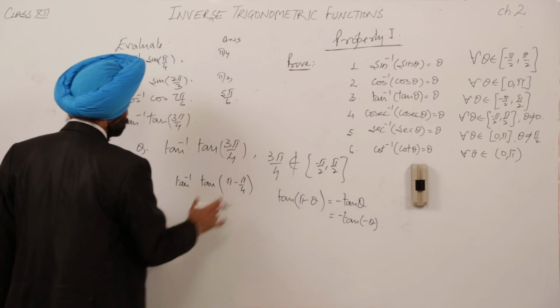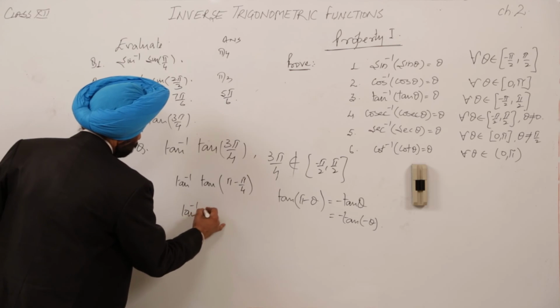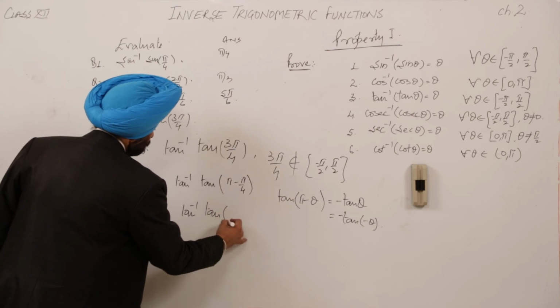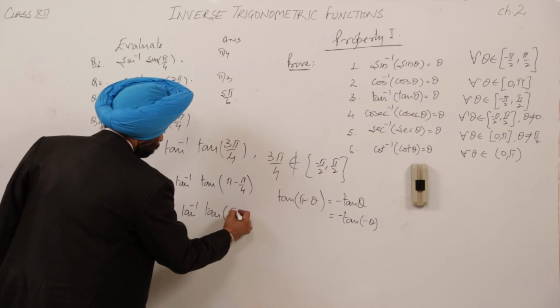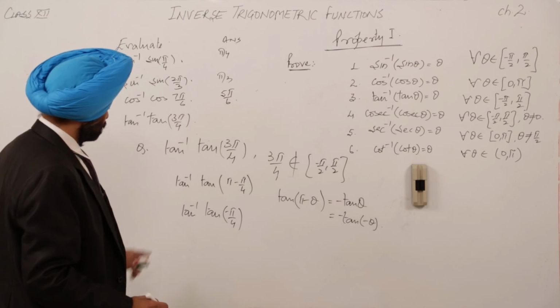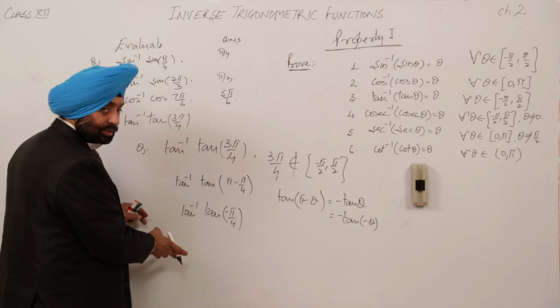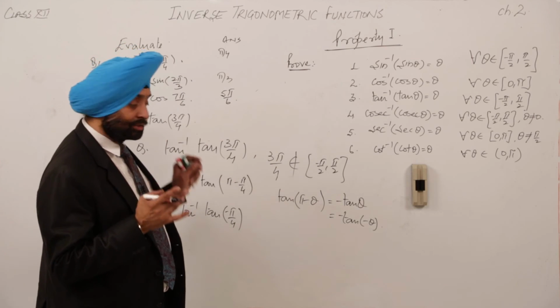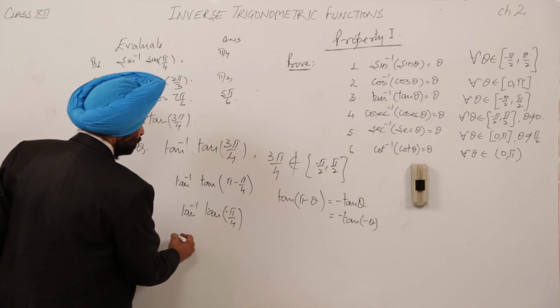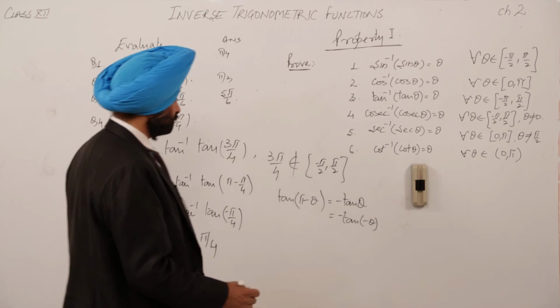So tan inverse tan of pi minus pi by 4. Now what does our question become? Our question becomes tan inverse tan of minus pi by 4, and these types of questions come in the examination. So our result becomes minus pi by 4.